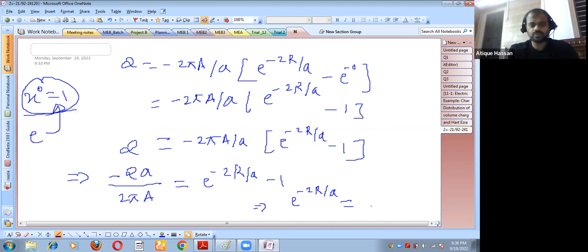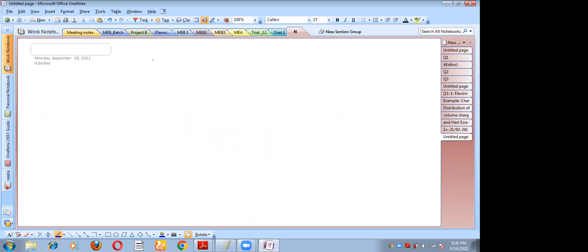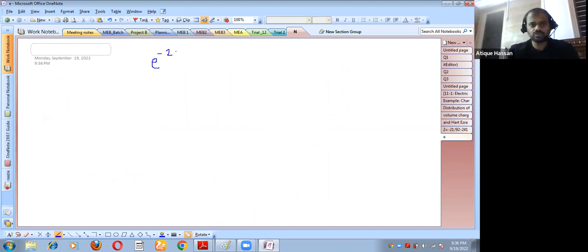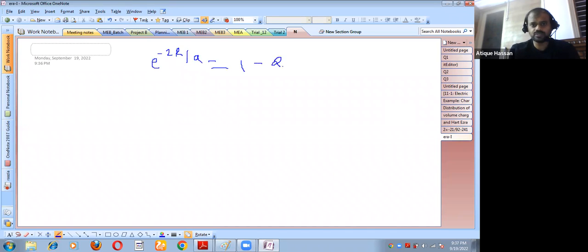So this can be equal to 1 minus qa upon 2π a. So we take log on both sides? Okay, we got e to the power minus 2R by a equal to 1 minus qa by 2π a. This we got.